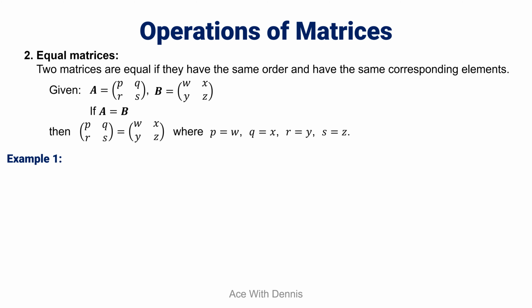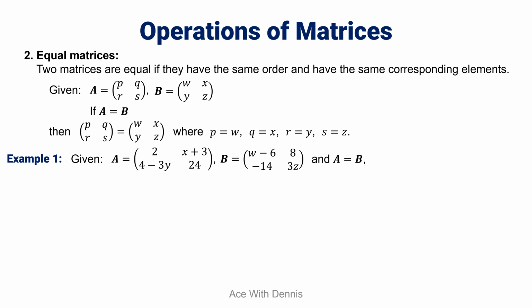Alright, let's see one example. Example 1. Given A equals 2x plus 3, 4 minus 3y, and 24. Matrix B, w minus 6, 8, negative 14, 3z.